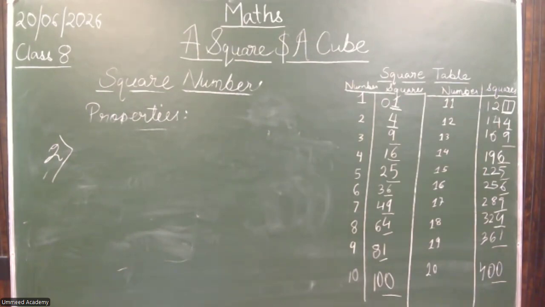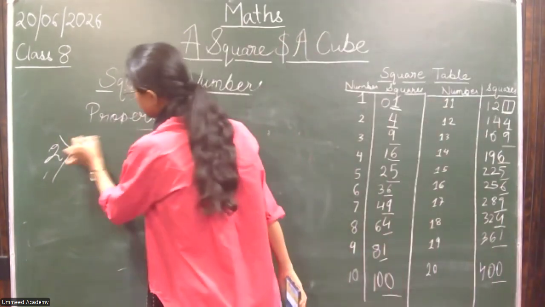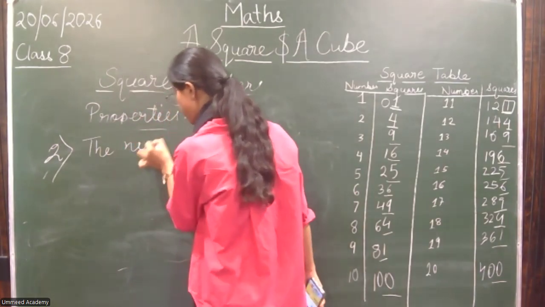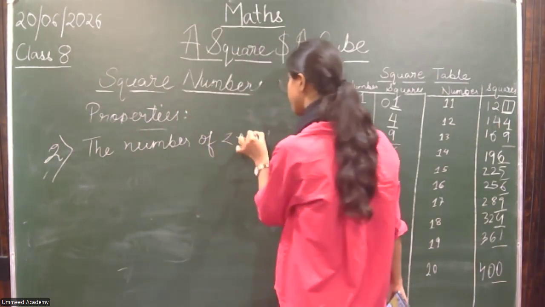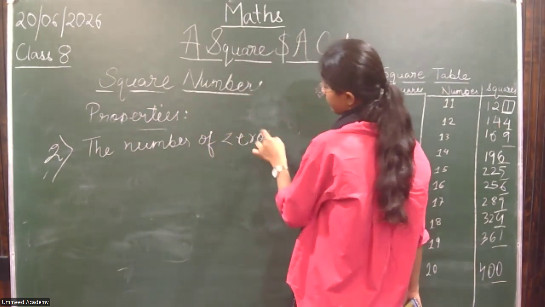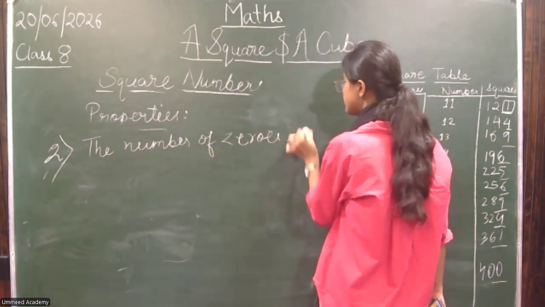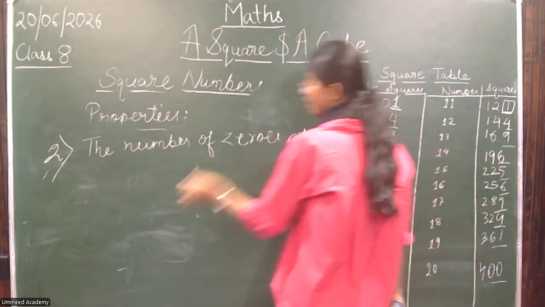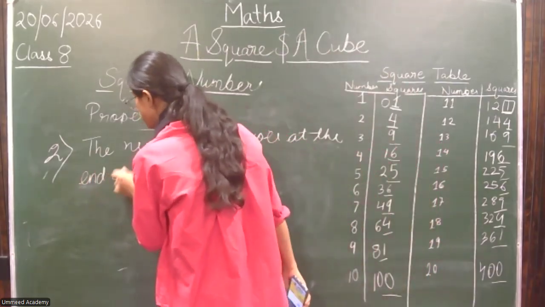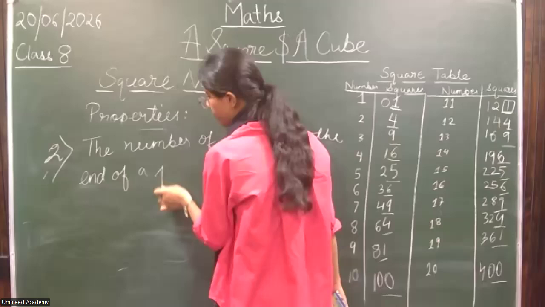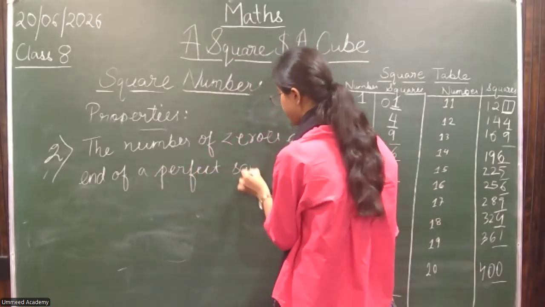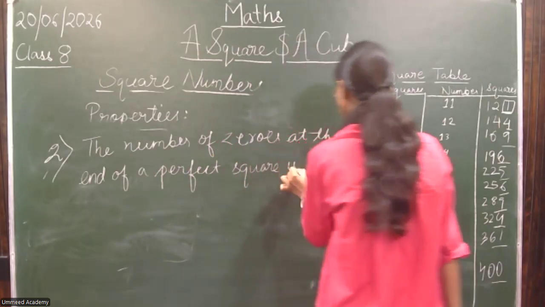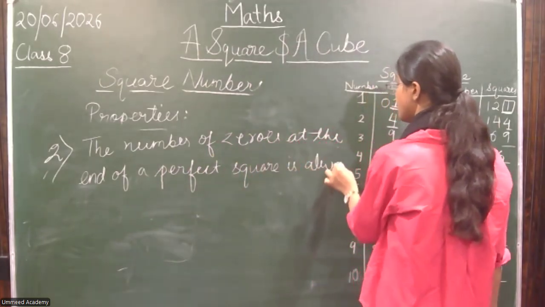So the number of zeros at the end of a perfect square is always even.